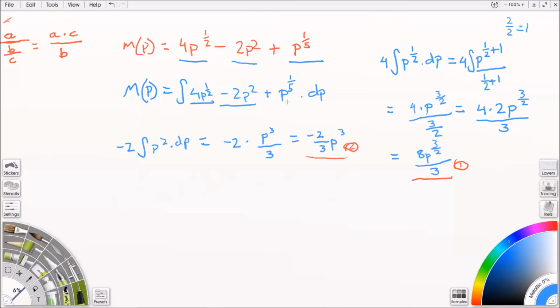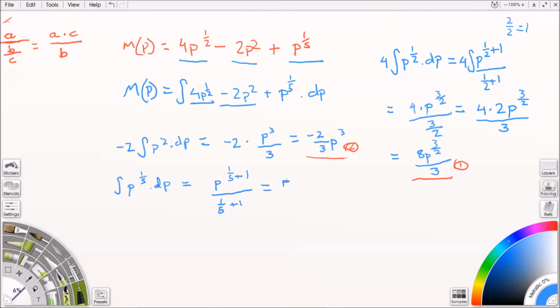And our final term, P to the 1 over 5, integrating it, dP, will equal, well, we just add 1 again. So 1 over 5 plus 1 whole, which I'm sure you could all guess with how we did this before and how that all worked out. When we just add 1 to a fraction with the 1 on top, we get something very similar.